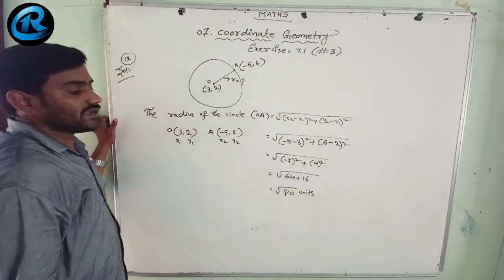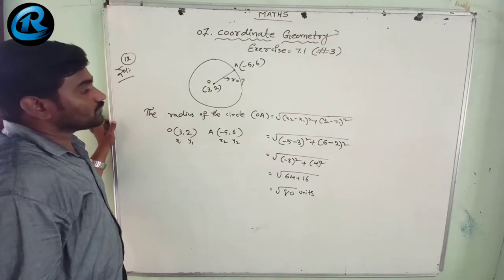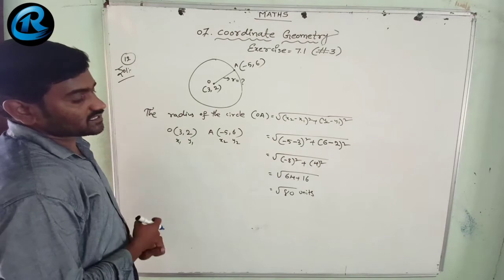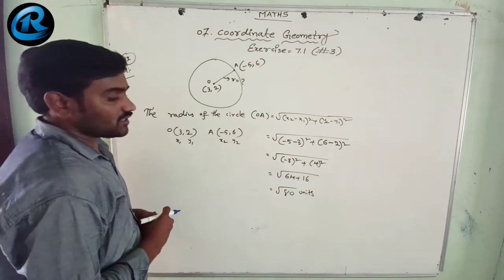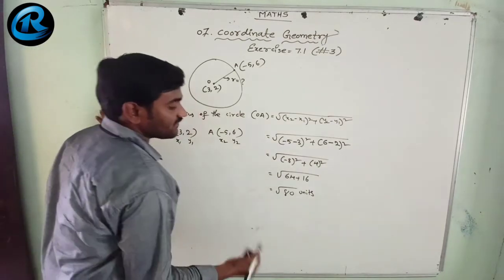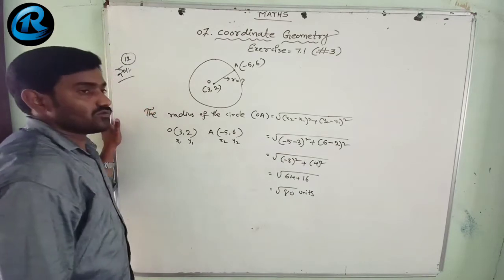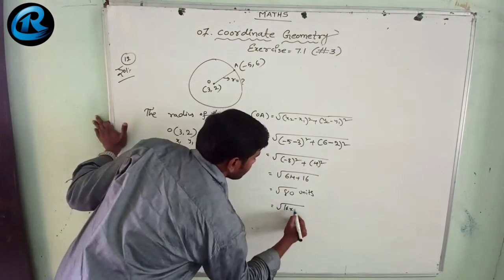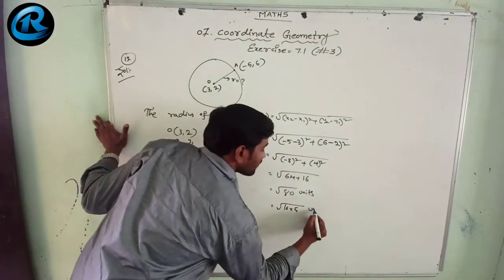Now the radius of the circle is under root of 80 units, or this 80 we can write as 16 into 5, 16 5s are 80.